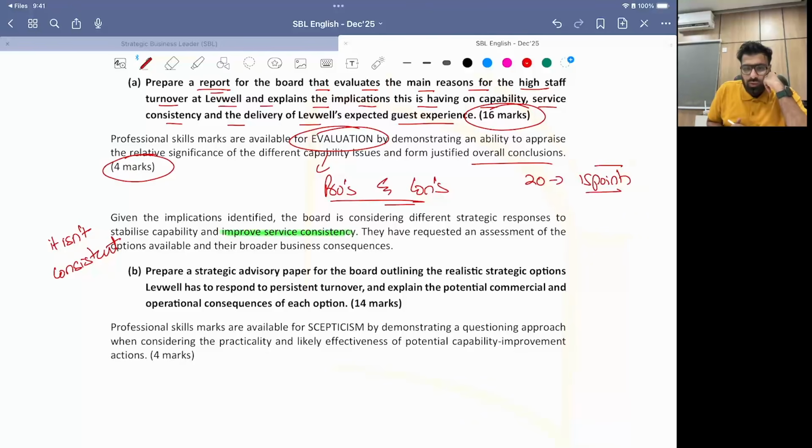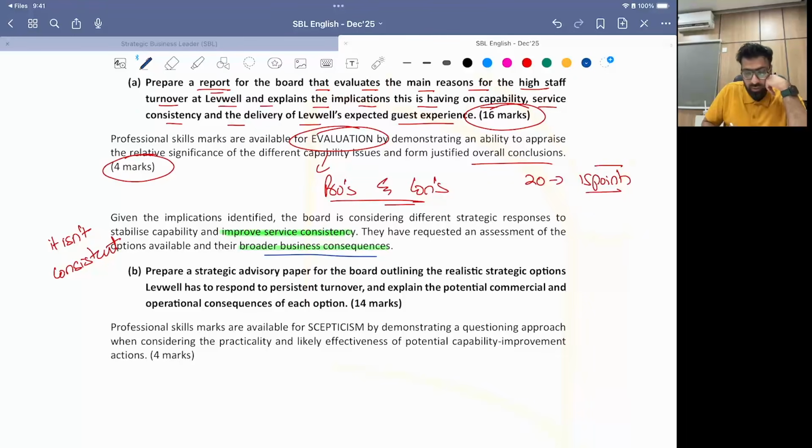So the problem with services is that they aren't consistent. I hope I am audible to all. Please confirm to me as well. So they have requested an assessment of the options available and business consequences because they are struggling to maintain consistency.